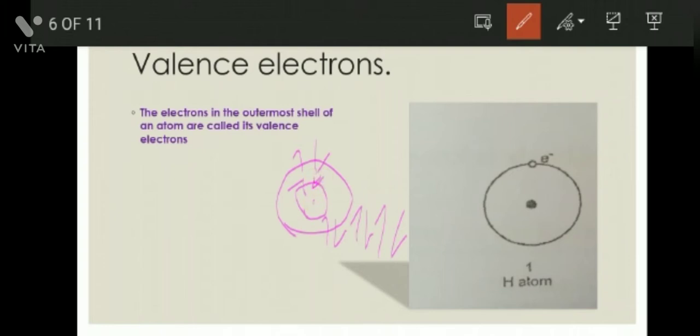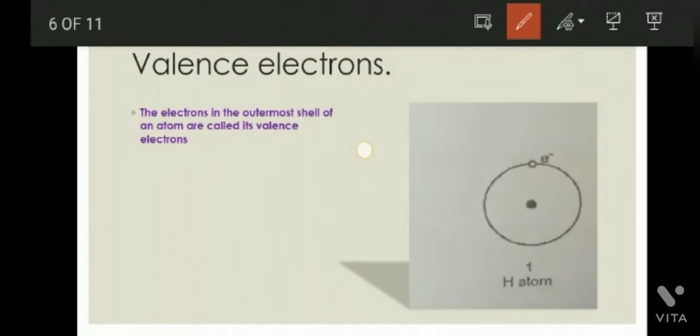You just have to forget about the inner part and count the outer electrons. Those are called valence electrons.